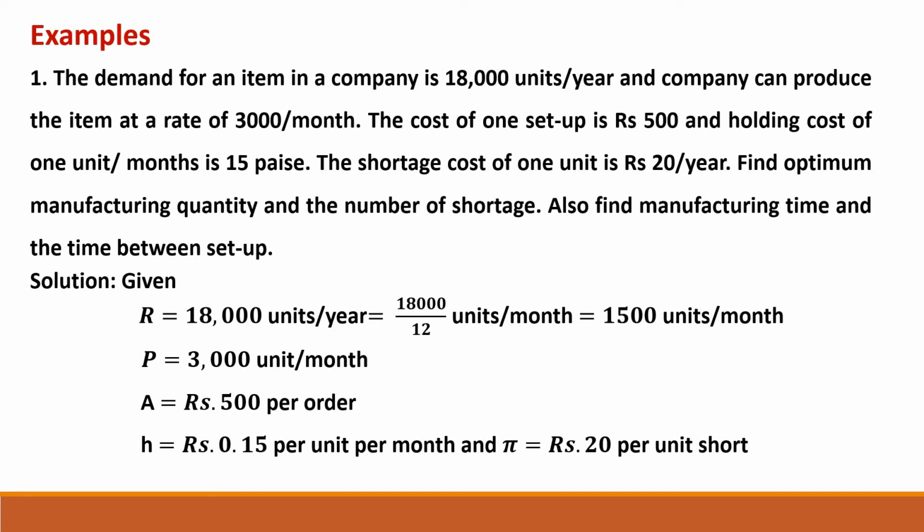Ordering cost is rupees 500 per order and holding cost is rupees 0.15 per unit per month and shortage cost pi is rupees 20 per unit short. Now we want to find out the optimum manufacturing quantity, number of shortages, manufacturing time and cycle time.